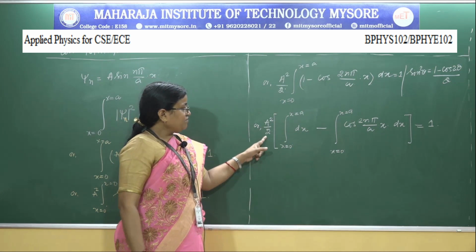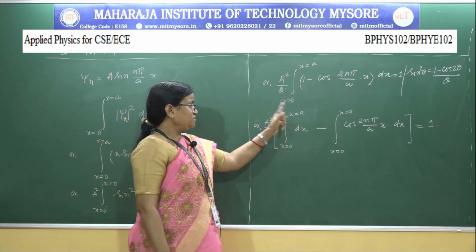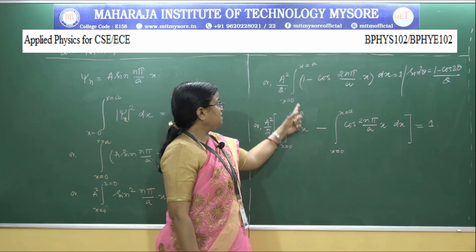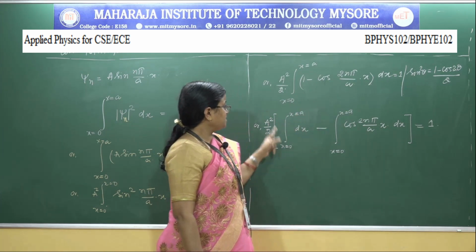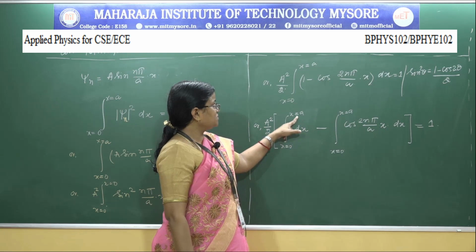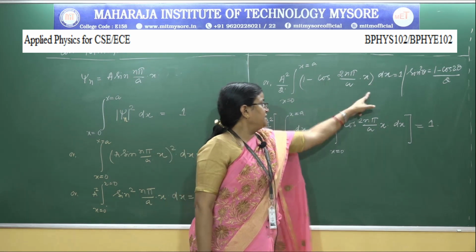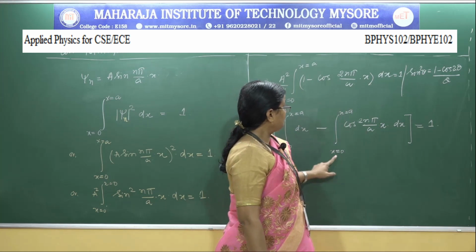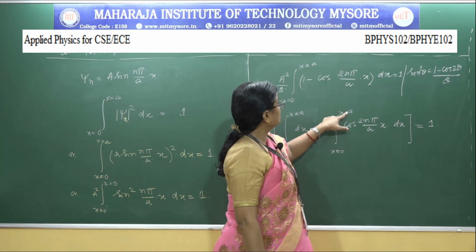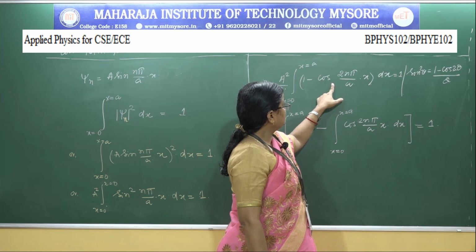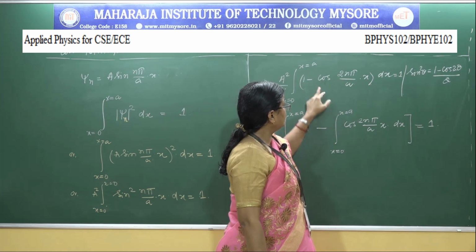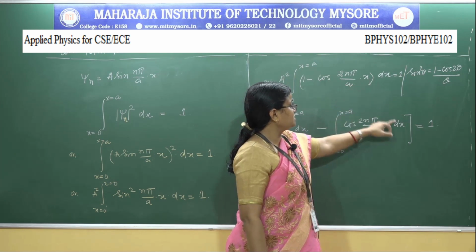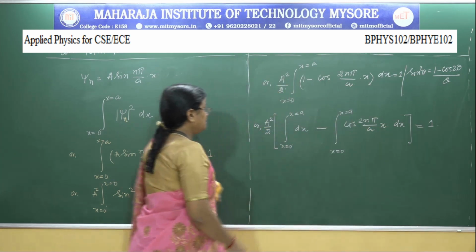You will get a square by 2, it is common to the whole equation of the left hand side. Further separating the equation, you get x is equal to 0 to x is equal to a, dx, you have to integrate it, and in the second, x is equal to 0 to x is equal to a, you have to integrate cos 2 n pi by a into x with respect to dx.